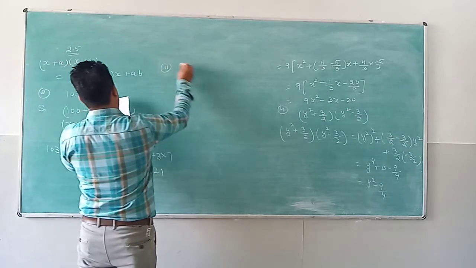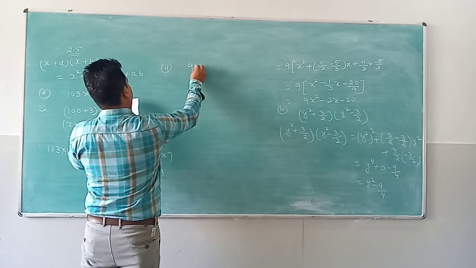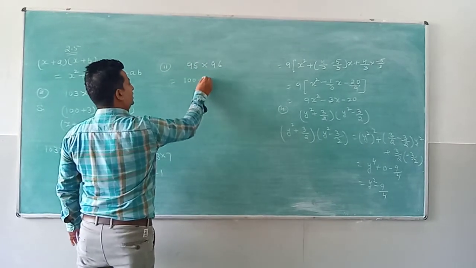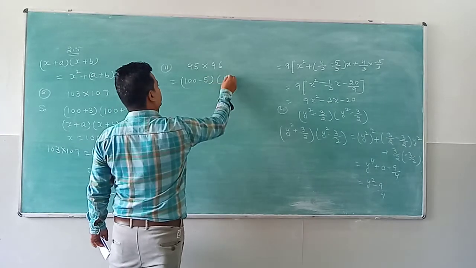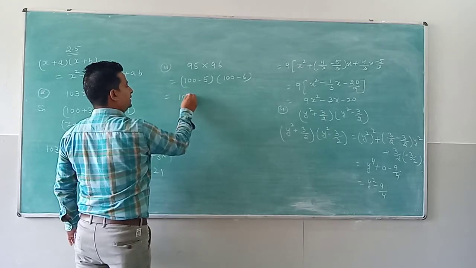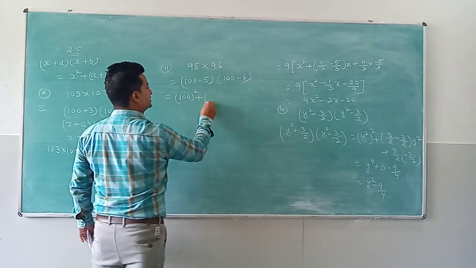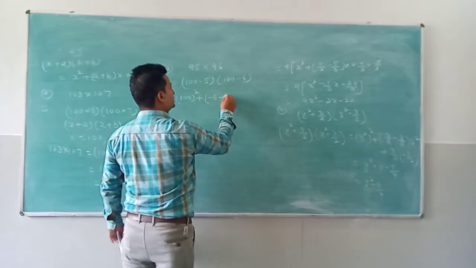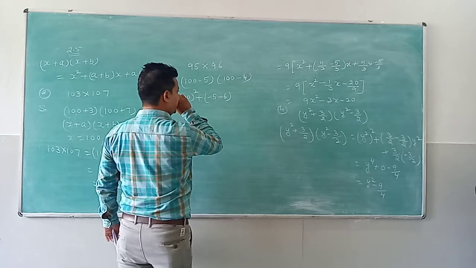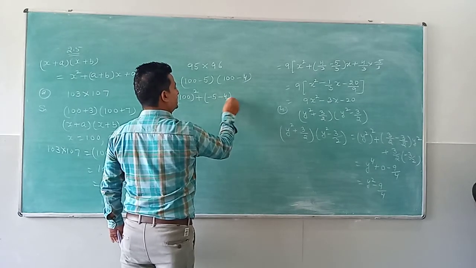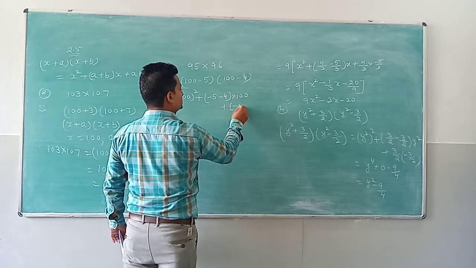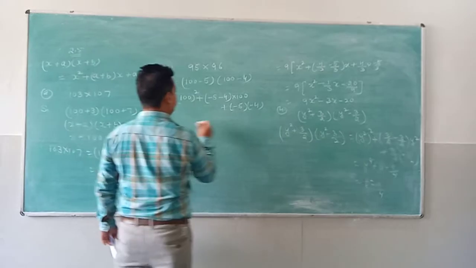In the second question, 95 into 96. We write this as 100 − 5 and this as 100 − 4. So this is 100², x² + (a + b)x. This we write x − 4. So this is 100², this is (a + b) into 100, plus −5 into −4, ab.